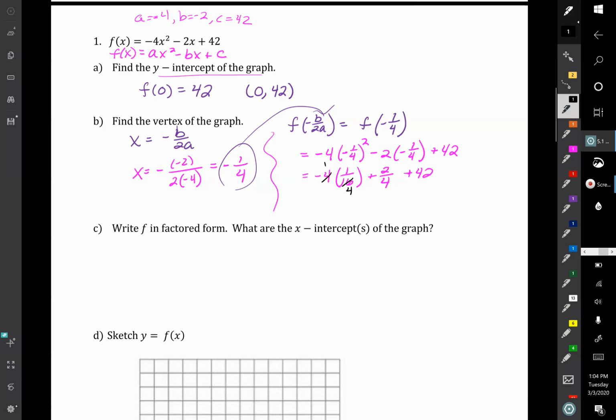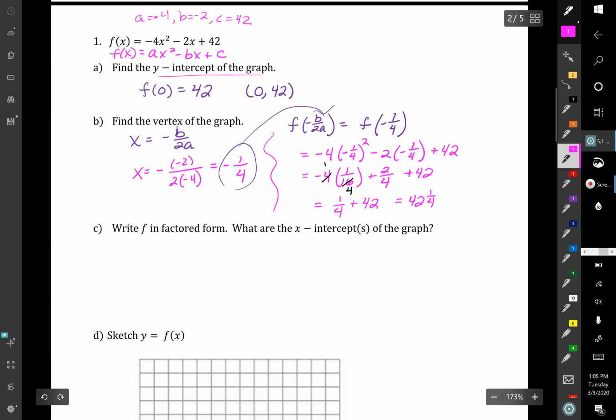That's why I didn't change my denominator on the 2/4 right away. I have a negative 1/4 plus 2/4, which gives me positive 1/4, plus my 42. So that equals 42 and 1/4.